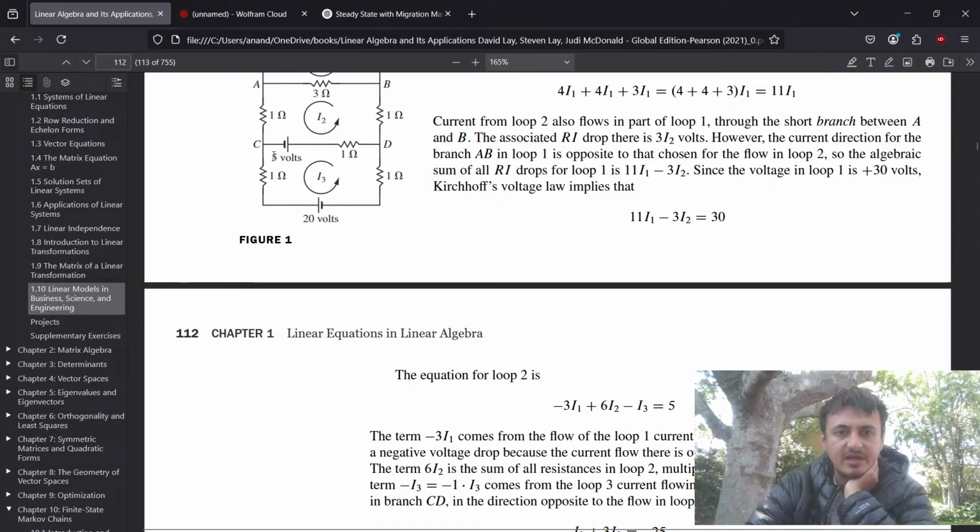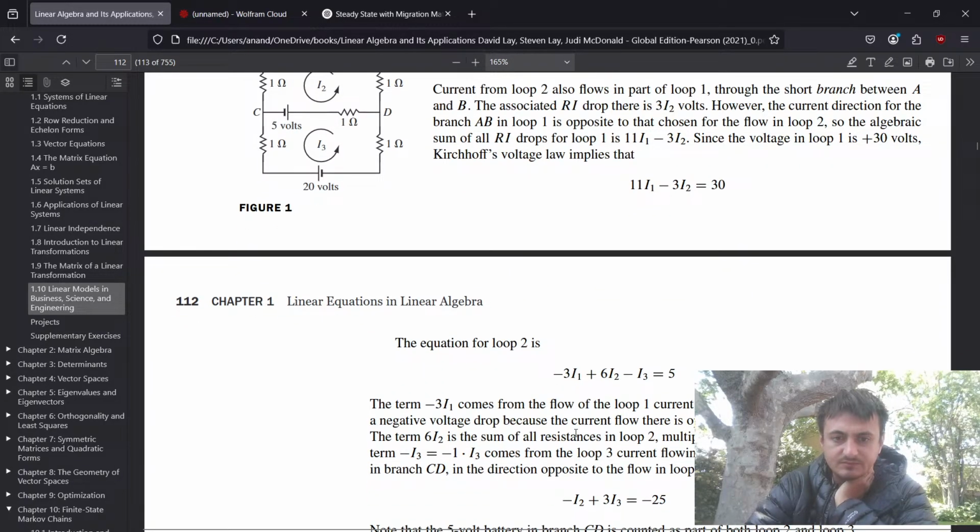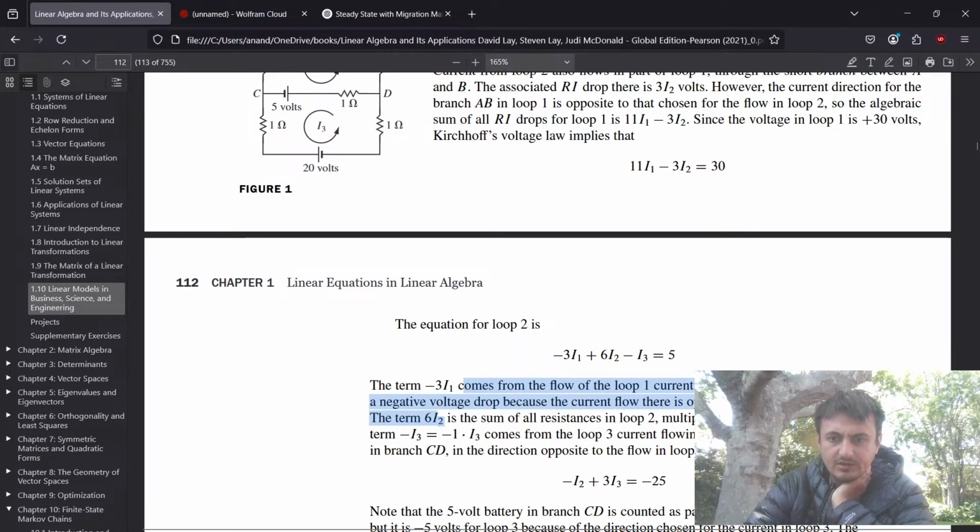I guess it doesn't matter which direction these are going. I don't know. The loop 3 equation is minus.